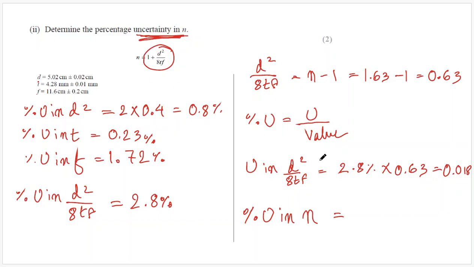So uncertainty in d squared by 8tf is 0.018, which is the uncertainty in n, 0.018 divided by the value you had found out for n, which was 1.63, times 100%. The value is 1.1%, and this is your actual value. I've never seen a lengthier 2-mark question.